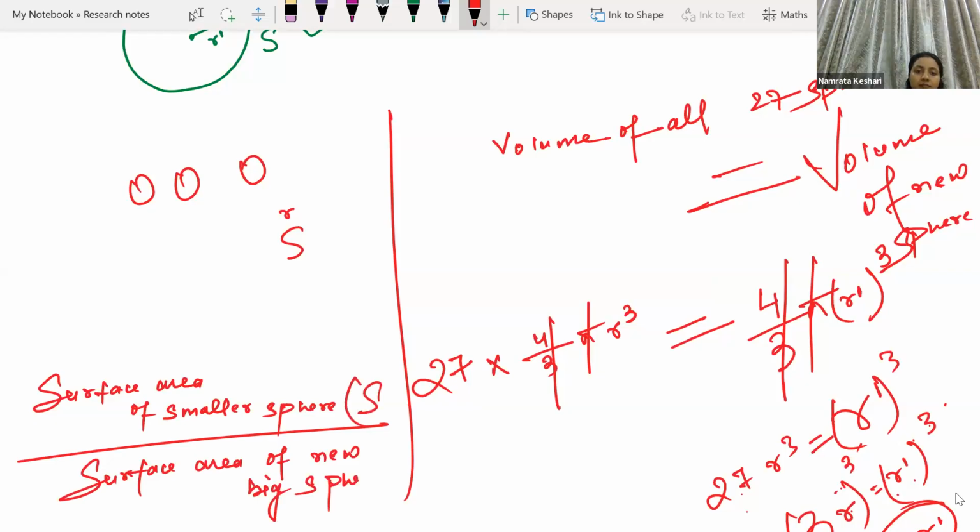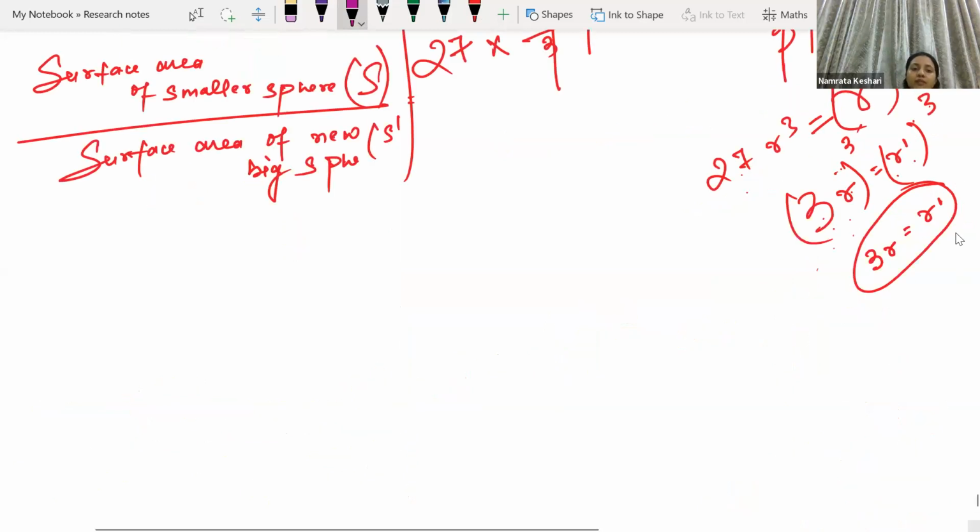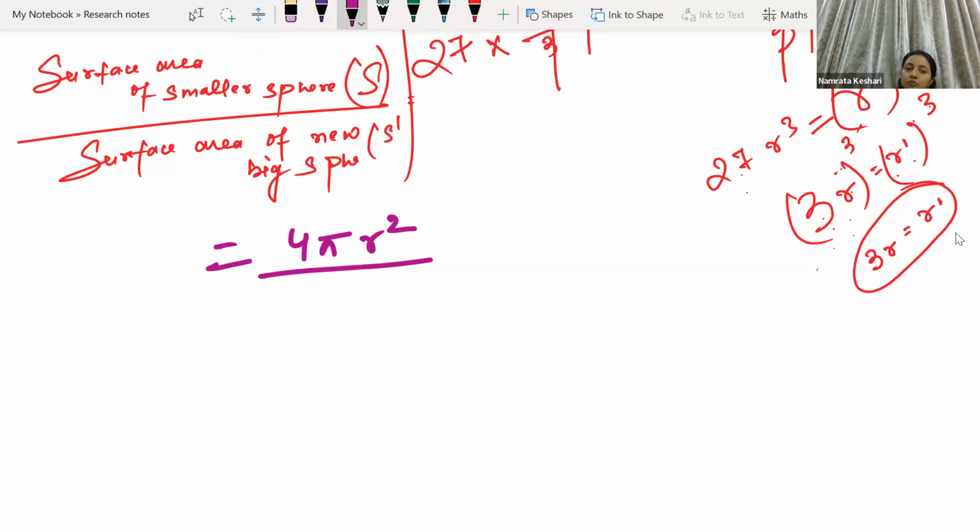So S by S dash will be equal to, let's see. The surface area formula is 4 pi r square, and here also 4 pi r dash square. 4 pi gets cancelled, so basically we have r square by r dash square.